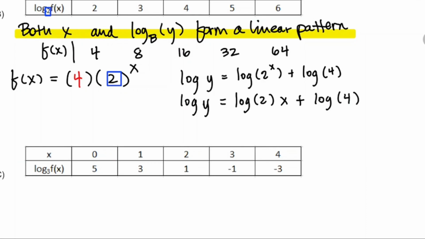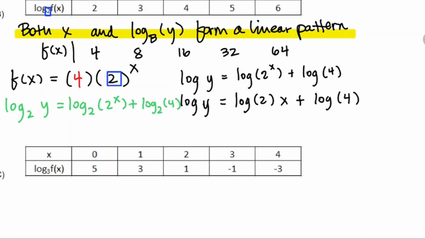But at least to me, it looks like I should probably take the base 2 log of both sides, and I could make that happen. I'll switch into green and say, all right, log base 2 of y is going to equal log base 2 of 2 to the x plus log base 2 of 4.